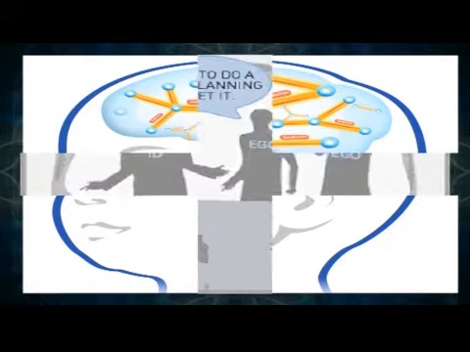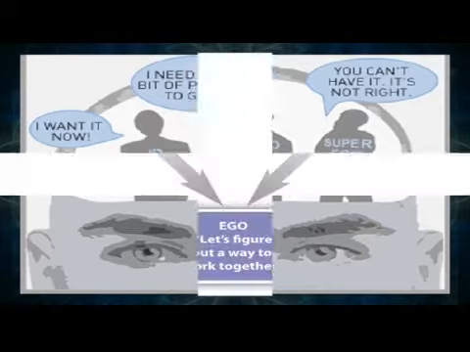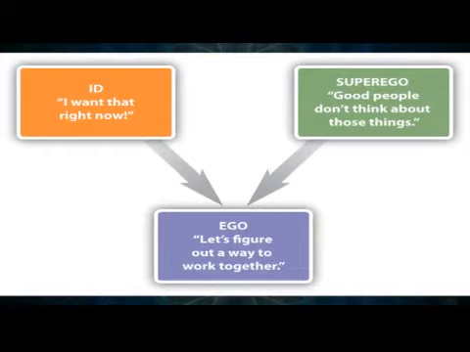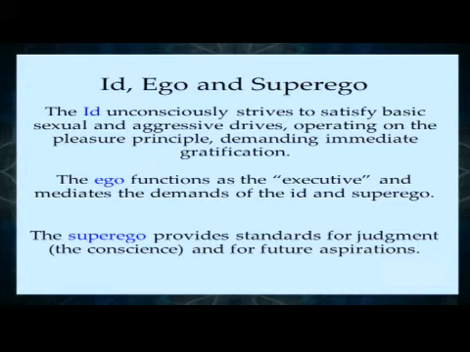To explain this, he has developed 3 personality structures: the id, ego and superego. The id, the most primitive of the 3, is the aspect of personality that is driven by internal and basic drives and needs, which are typically instinctual, such as hunger, thirst and the drive for sex or libido.